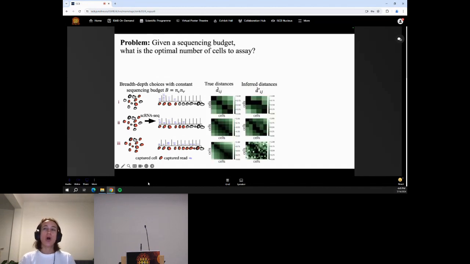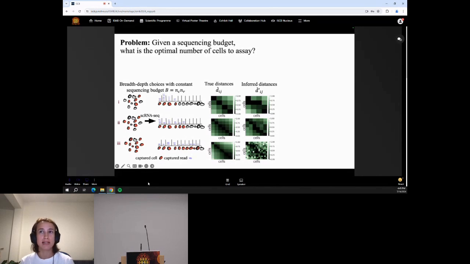Okay, so our choice of breadth-depth allocation can significantly affect the accuracy of the inferred cell-cell distances in gene expression space. We use geodesic or shortest path distance over the cell's KNN graph as the distance between cell pairs.